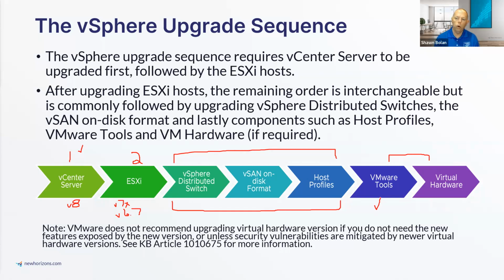In terms of virtual hardware version upgrades, VMware has softened their stance on this a little bit. If you jump in your time machine and go back, VMware traditionally said, yes, keep your VMware tools up to date. Yes, keep your virtual hardware up to date. Just do it. With the virtual hardware, VMware has softened that stance a little bit. What they advise now is when a new version of virtual hardware is available, take a look at the new things that you're getting with the new version.